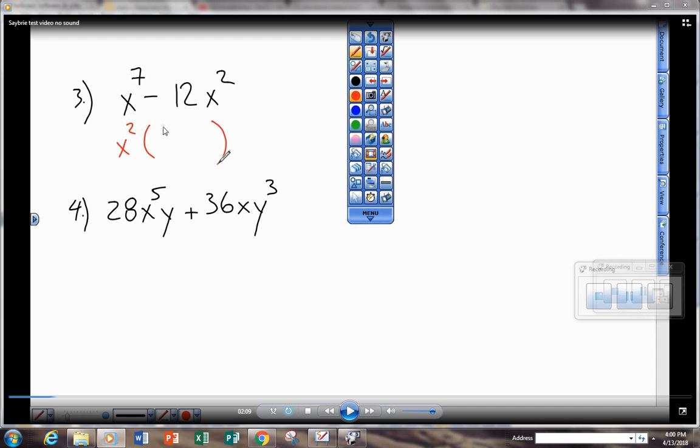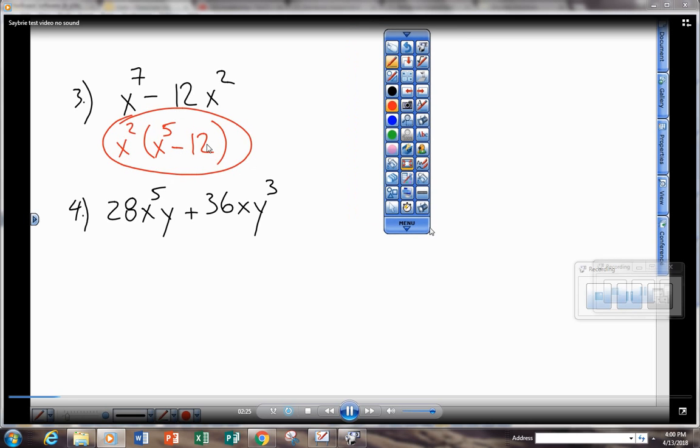So if you were to distribute, you'd end up back at x to the 7th minus 12x squared. So what has to be on the inside here? It has to be x to the 5th, because x squared times x to the 5th is x to the 7th. And then right here is just plain old minus 12, because x squared times negative 12 is negative 12x squared.